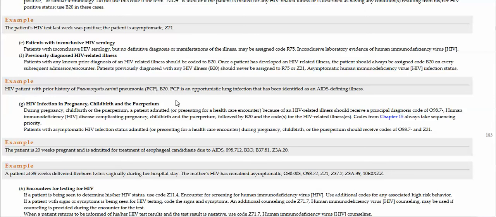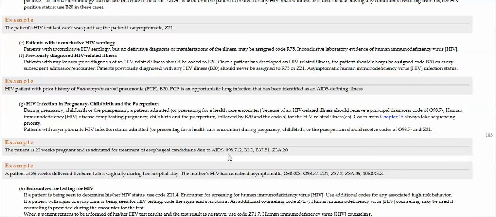So the idea is, if you look at the example, the patient is 20 weeks pregnant and is admitted for treatment of esophageal candidiasis due to AIDS. So this patient's principal diagnosis would be O98.712.